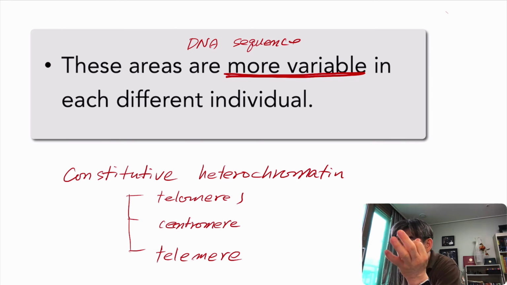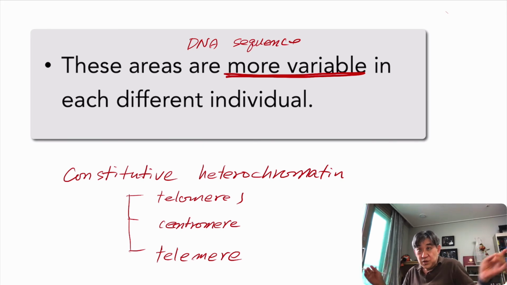So we are talking about only about a 0.1% difference in their DNA sequence. But all these DNA sequence differences are a result of, once again, mutation, which occurred randomly in each different individual. So that's the amount of DNA sequence variation you can expect between any two randomly picked human individuals.